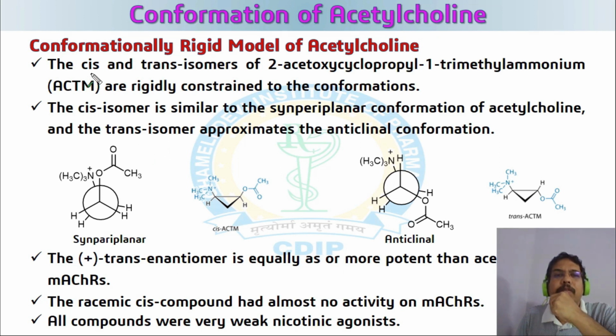So if you look at the cis and trans forms of ACTM, they are rigidly constrained in a conformer. Here, the cis isomer is similar to the syn periplanar geometry of acetylcholine.